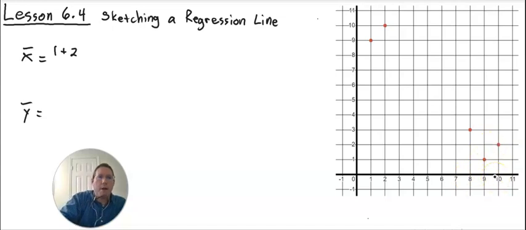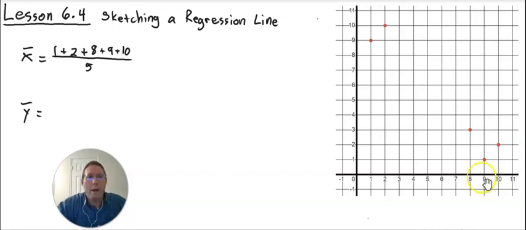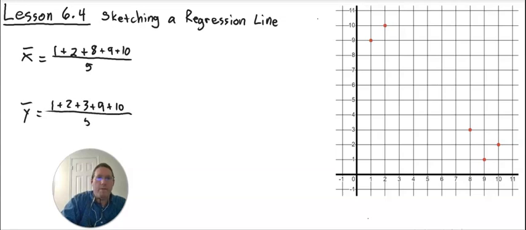So then plus 8 plus 9 plus 10, all over 5. And then the y coordinates: this one has a y coordinate of 1, this one's 2, and this one's 3. So that's 1 plus 2 plus 3, plus this one 9, and this one 10. Okay. So plus 9 plus 10, divided by 5.